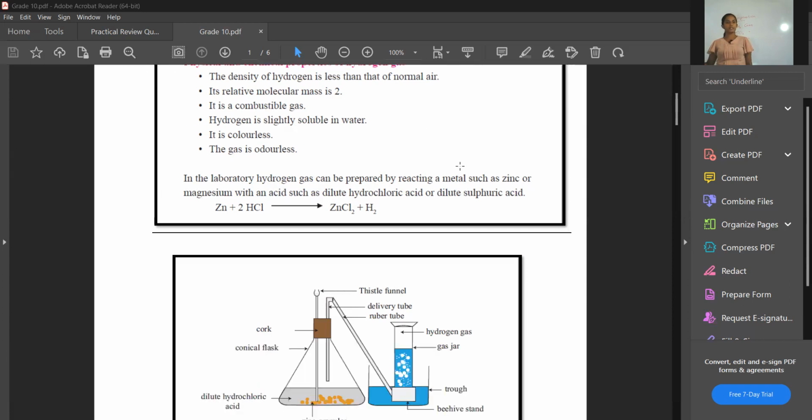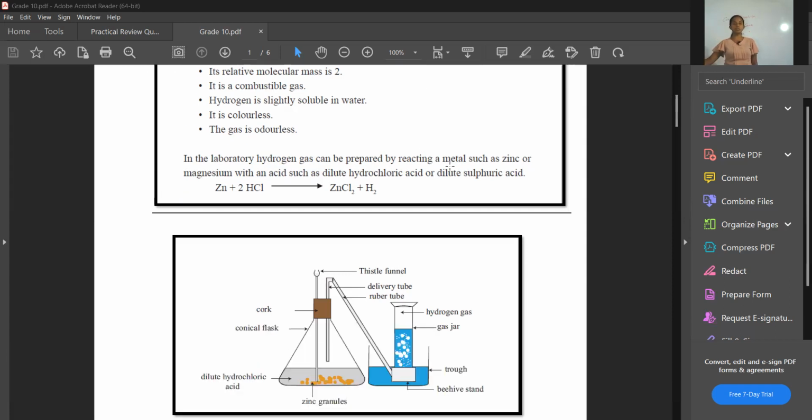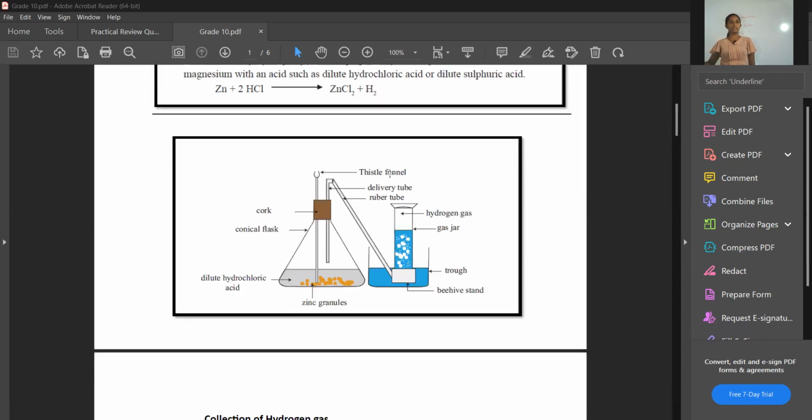And the method that we use to prepare hydrogen gas, the normal method that we use in the lab, is the reaction between zinc and hydrochloric acid. You have to be familiar with this experimental setup.